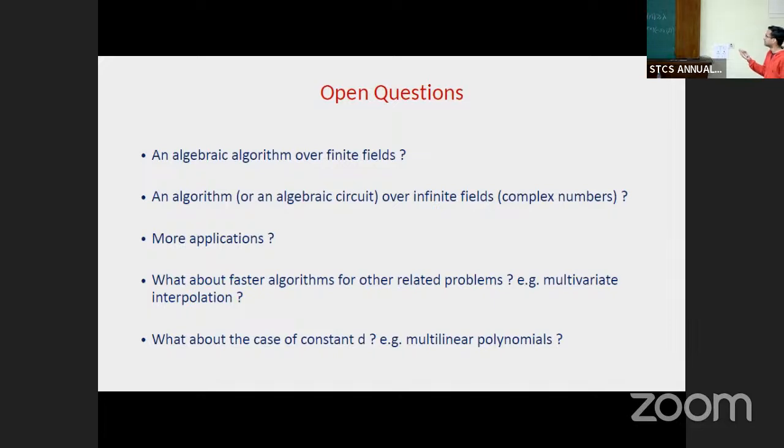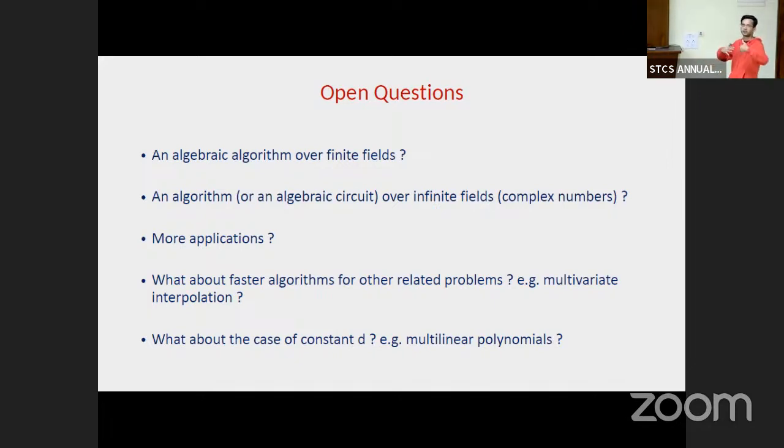More applications: I think this is a basic enough problem that there should be more applications for this result. Now that we can do this for a large number of variables, it'd be interesting to have faster algorithms for related problems like multivariate interpolation. The problem here was that we are given the coefficient vector of a polynomial and we want to compute its evaluations.